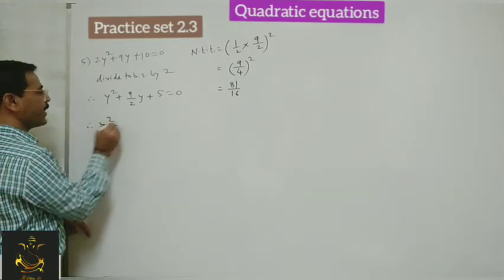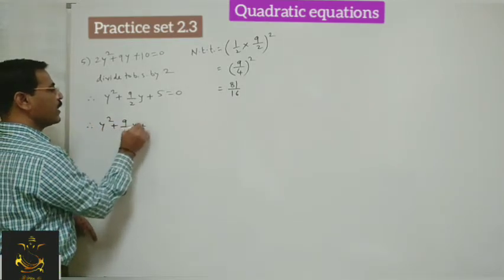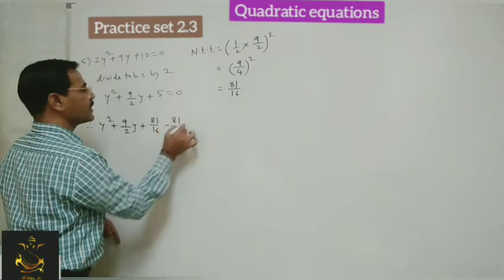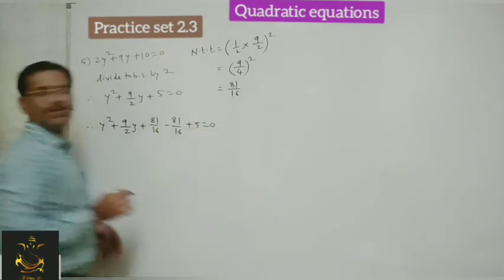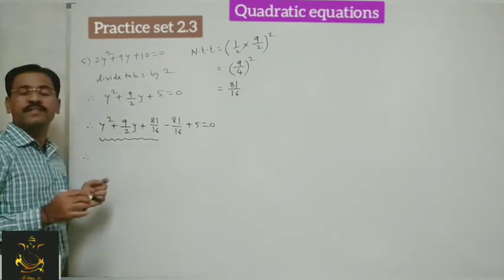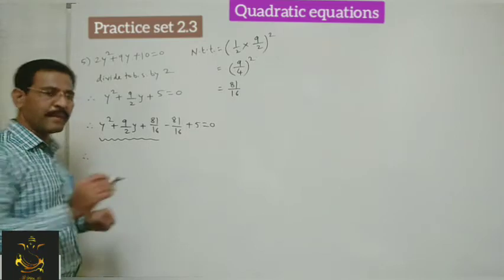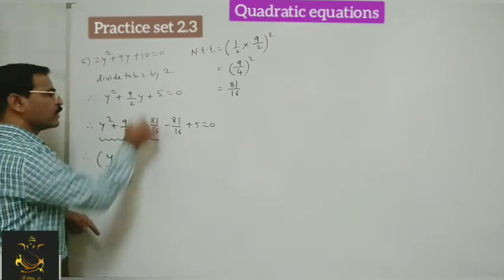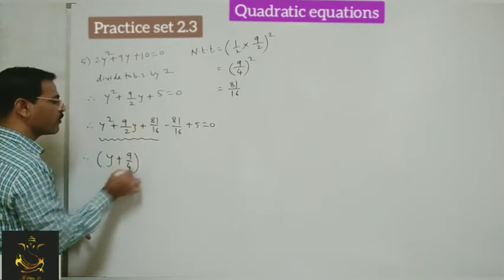Look friends, y square plus 9 by 2y plus 81 by 16 minus 81 by 16 plus 5 equal to 0. Very, very simple. The first three terms are always a perfect square. Tell me now. It is y, middle sign plus, and here the root of this one is 9 by 4, bracket square.